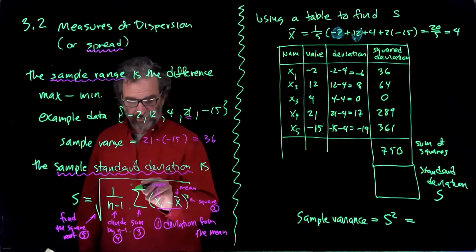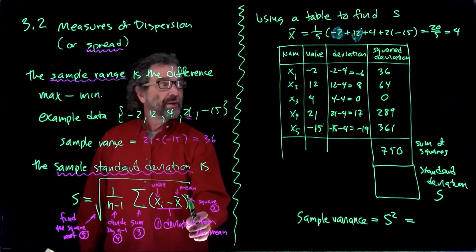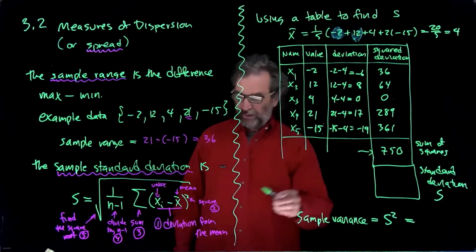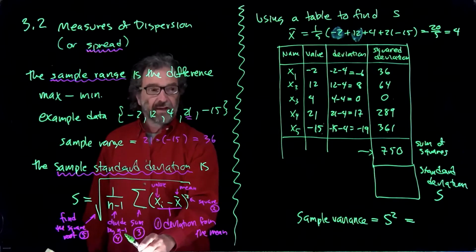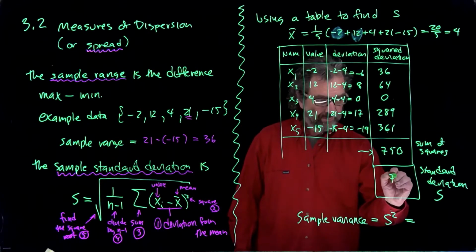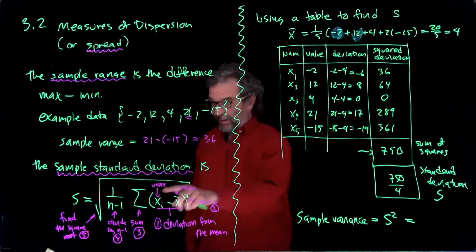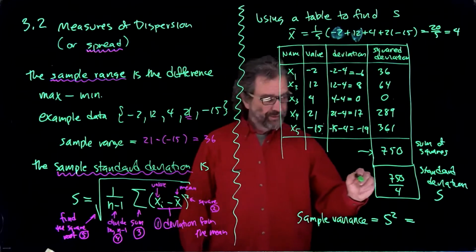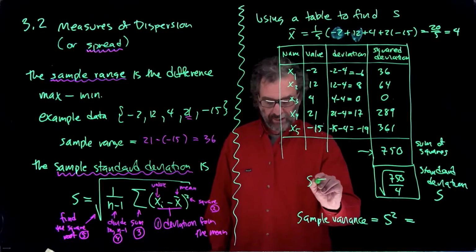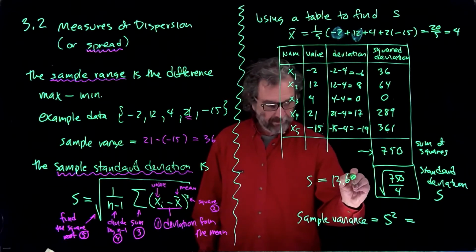We found the deviations, we squared them, we add them, and then we divide by n minus 1. N was 5. So we take 750 divided by 4. That's n minus 1. And then we take the square root to get the standard deviation. So we get S is 13.69.